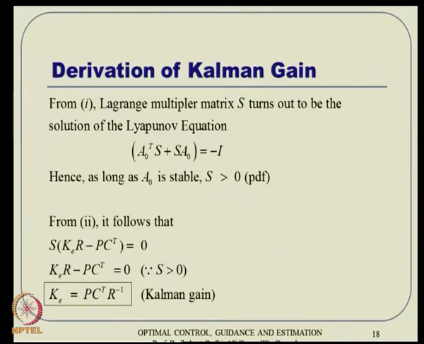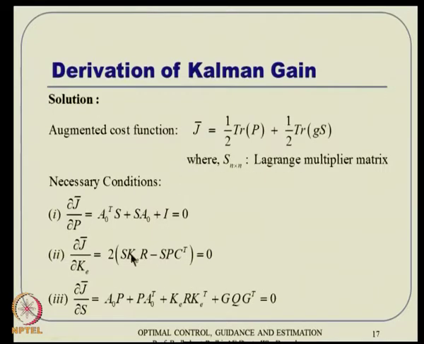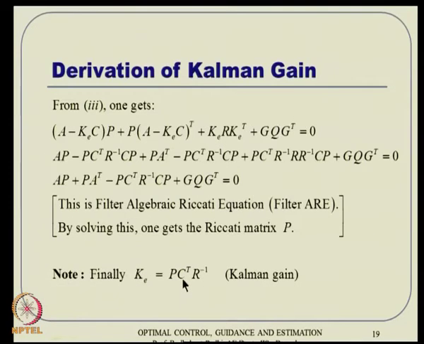Interestingly, it is exactly similar to what we have derived in LQ observer theory. If you see the slides for that lecture, you will see that. So K is nothing but P C transpose R inverse, and we have used equation 1 in equation 3.